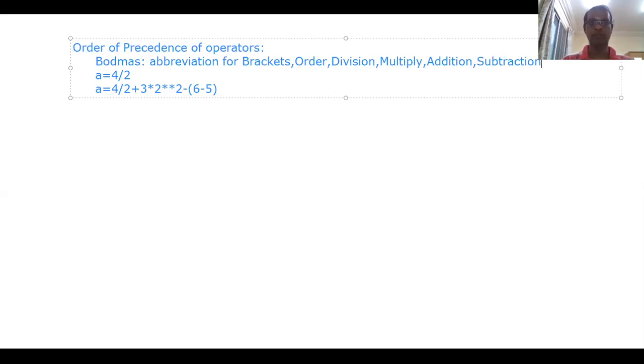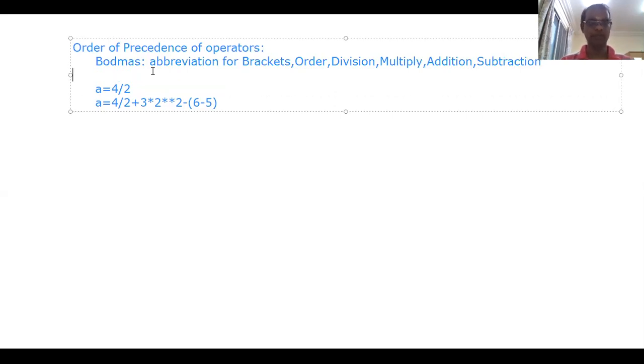So this is the order of precedence. First we have to do bracket, and then we go for order. Order stands for exponential. And then division, multiply, addition, subtraction. That is the first letters of all the words: B O D, M A S. That is simply called BODMAS.